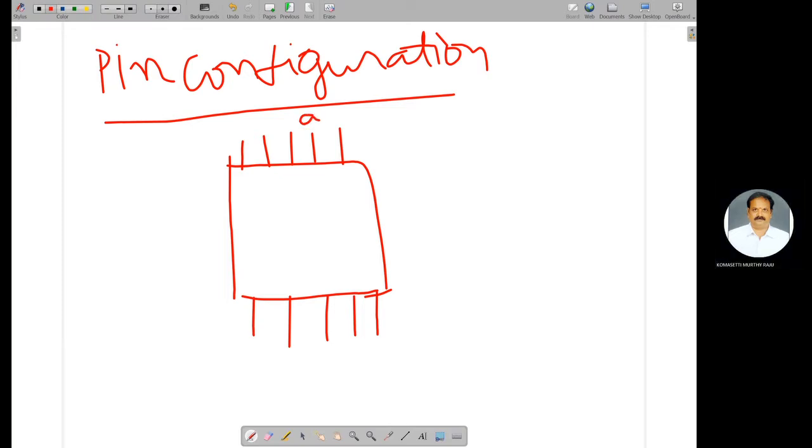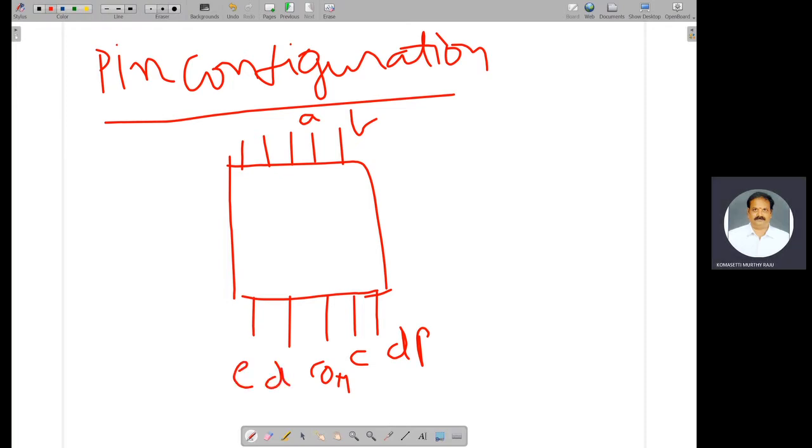Here A, B, decimal point here. This one is C, COM, common point here. E, D. This one is the common point here. Next one is G. This one is F.